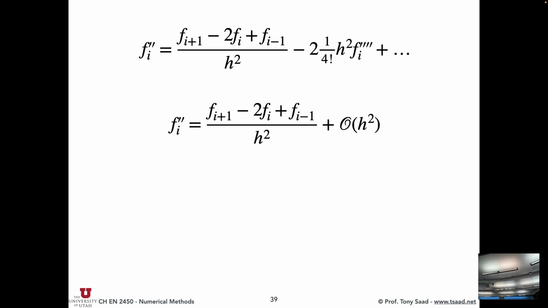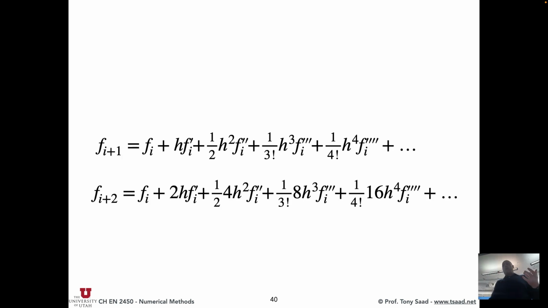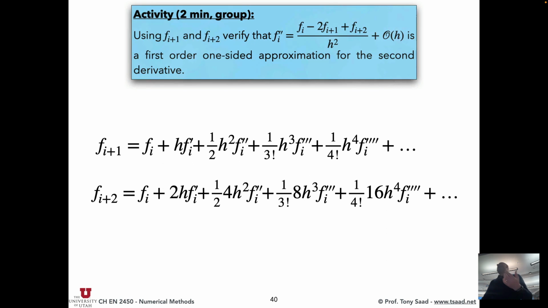There's just no mystery. Just approximating that derivative, because now I have values at discrete points, okay, rather than a continuous derivative. Okay? And you can do all sorts of things with this approach. For example, you can build actually a first order second derivative that is one-sided.